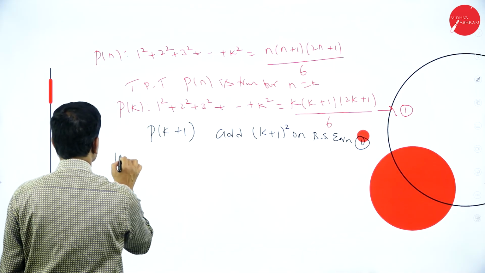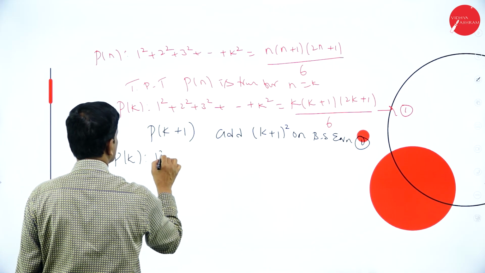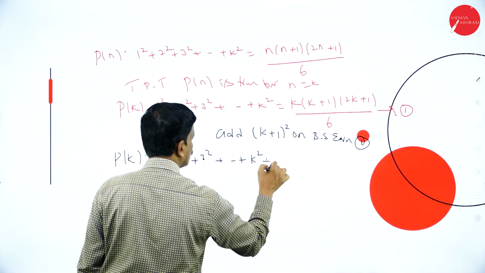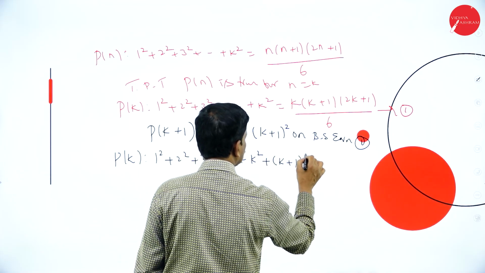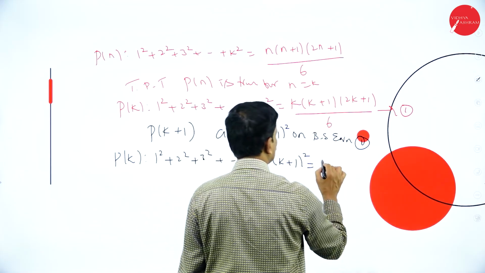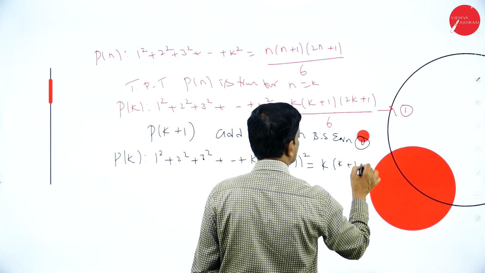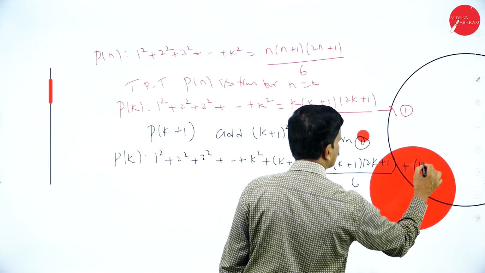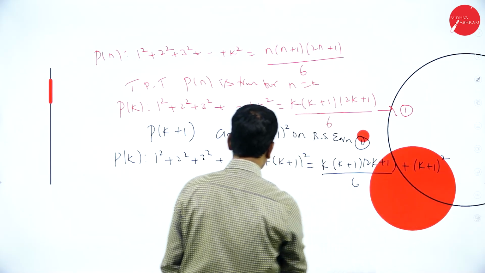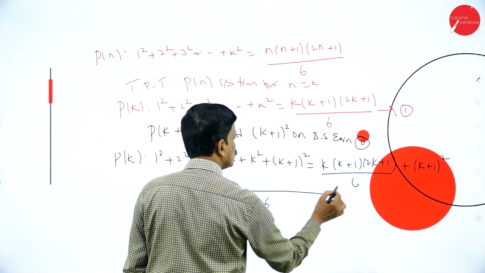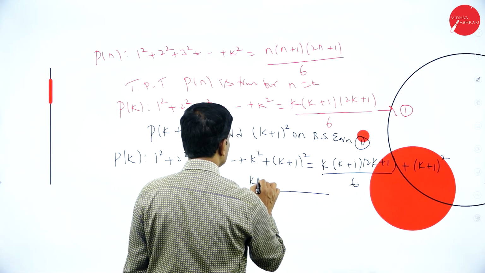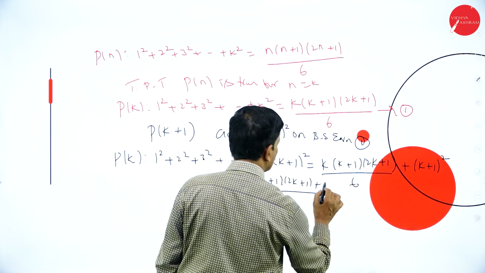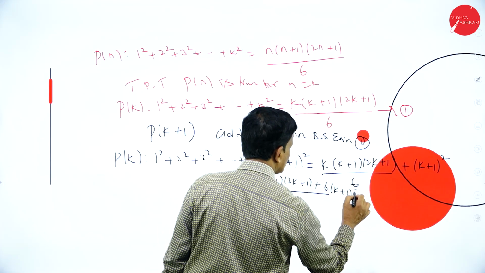So that is P of k implies 1 square plus 2 square plus 3 square plus etcetera plus k square, adding k plus 1 whole square on both sides of equation number 1, is equal to k into k plus 1 into 2k plus 1 divided by 6 plus k plus 1 whole square. Take LCM, 6 is the LCM: k into k plus 1 into 2k plus 1 plus cross multiplied 6 into k plus 1 whole square.